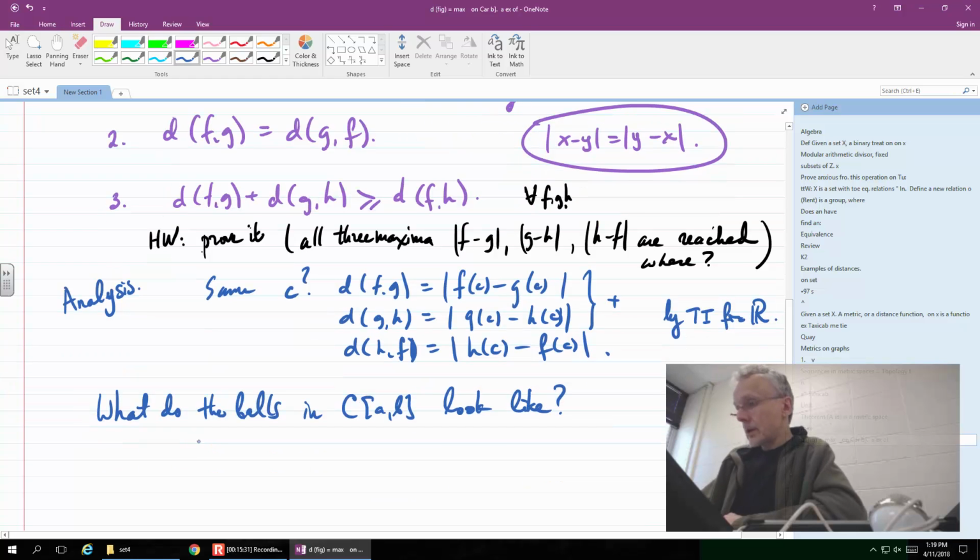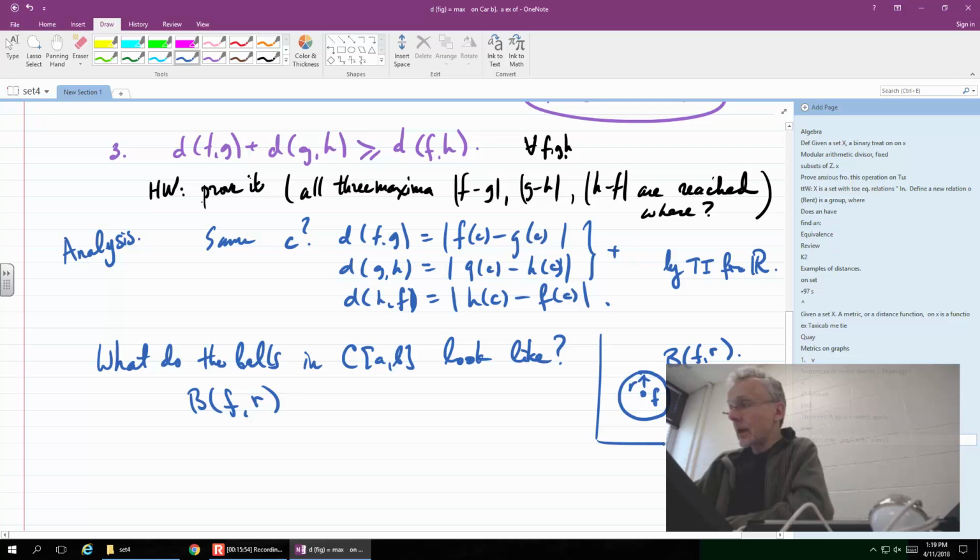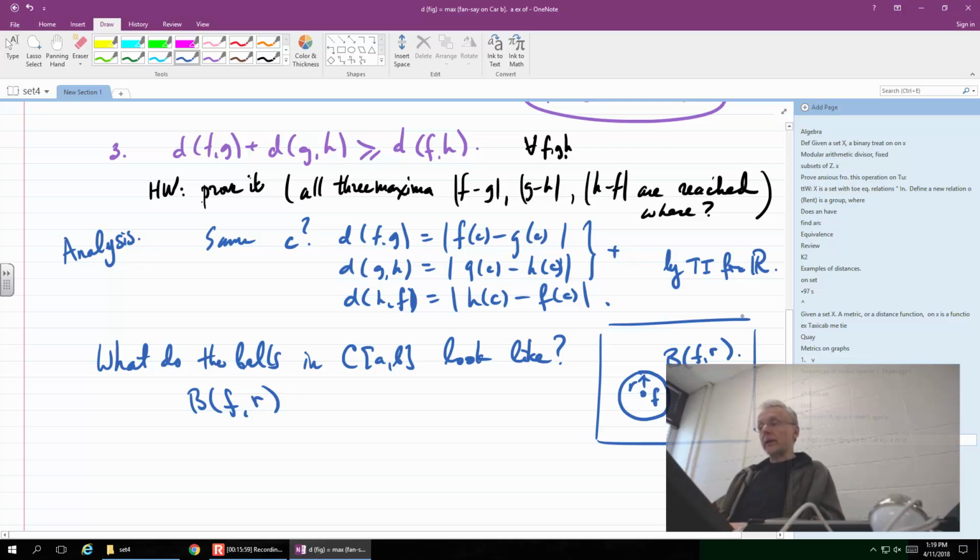In other words, B of F, R. If you illustrate it on the plane, this is my F, except now it's a function, and this is a ball, all the functions within R units from F. That is the illustration reserved for metric spaces.